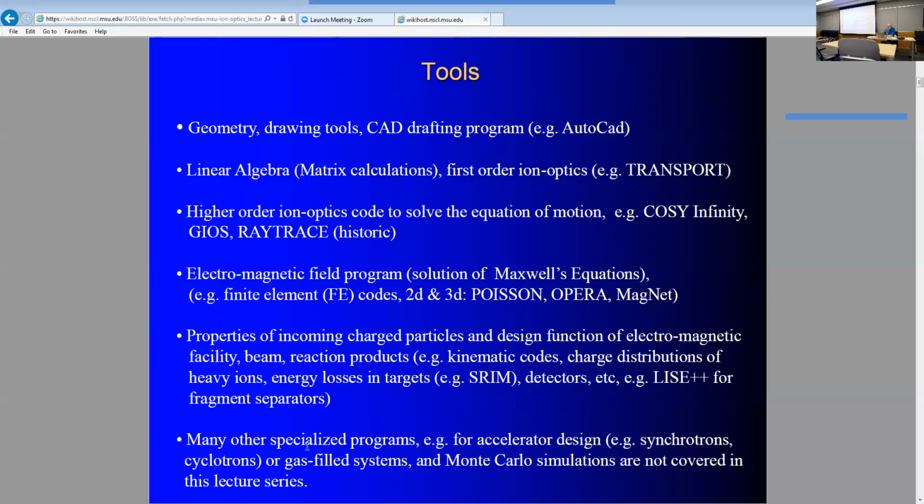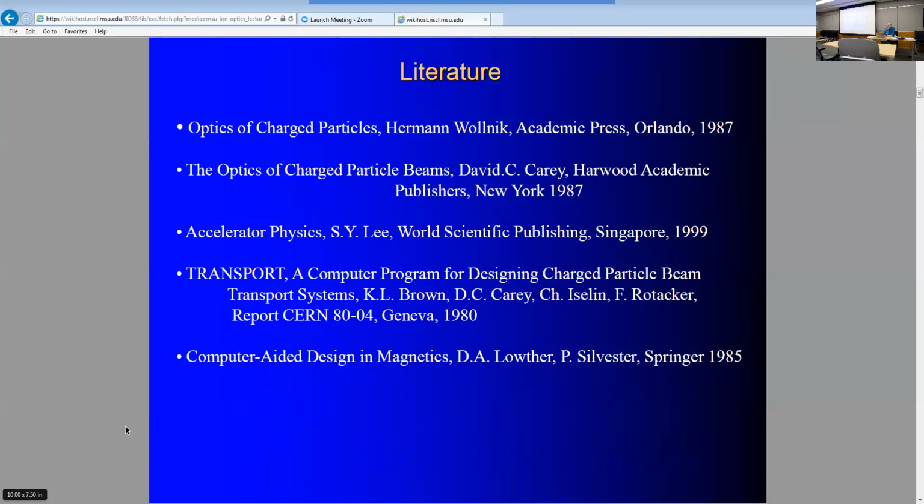Many other specialized programs feed into the ion optics, like synchrotrons and cyclotrons, which are accelerators, and we are not talking about those here. Gas-filled systems, I will say a few words about. Monte Carlo simulations we are not covering in this course, but you may come across them or have a need for them later on.